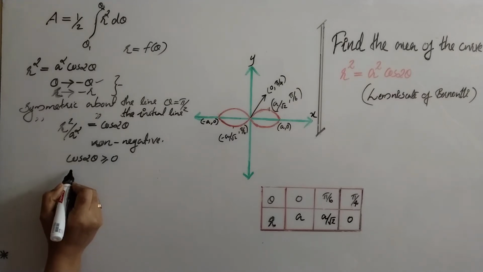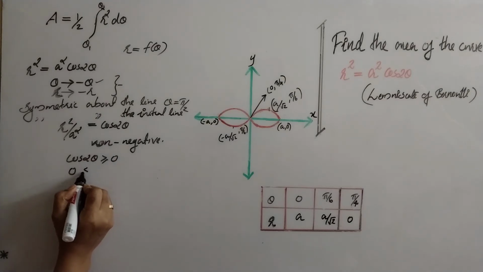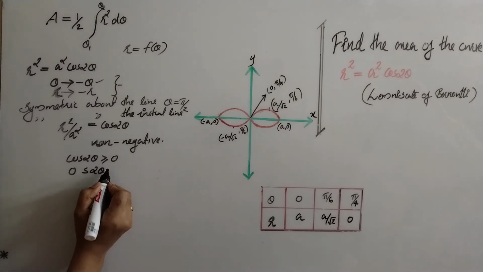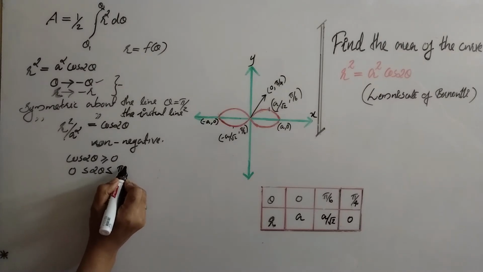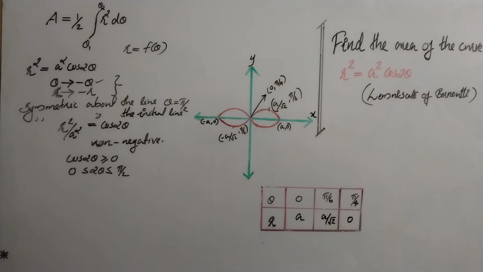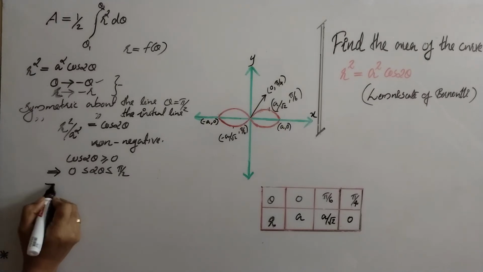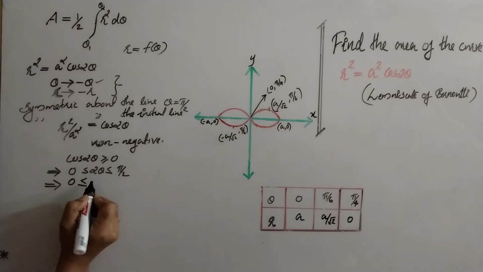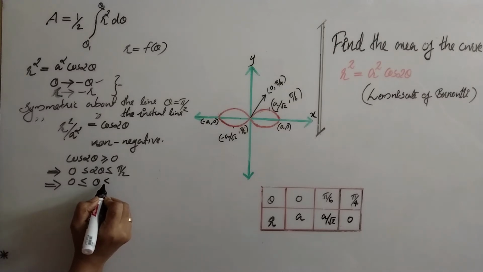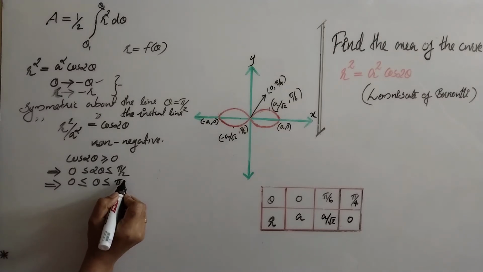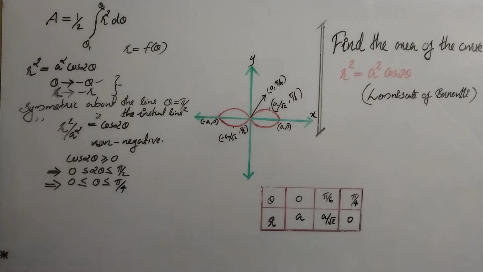This implies 0 less than or equal to 2 theta less than or equal to pi by 2, and this implies what? 0 less than or equal to theta less than or equal to pi by 4.